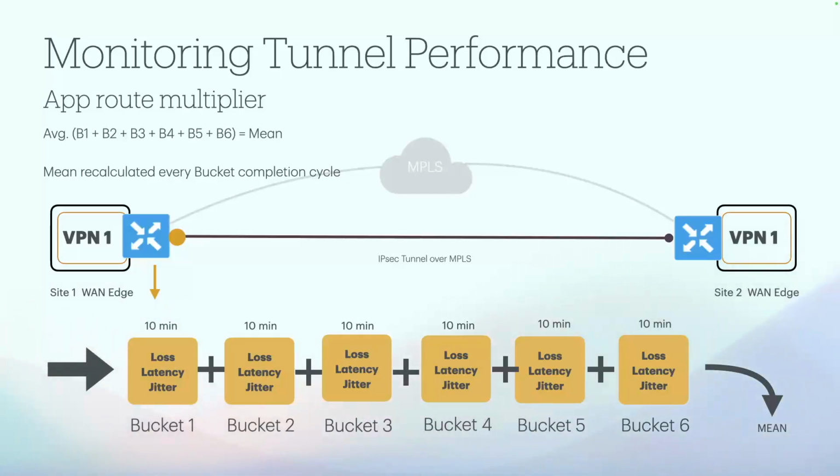This mean is the magic number. It is this value that our policy compares against your application's SLA. If the mean latency across these buckets exceeds your threshold, only then will the fabric trigger a path change. This ensures your traffic only moves when there is a sustained, verifiable degradation in the WAN.